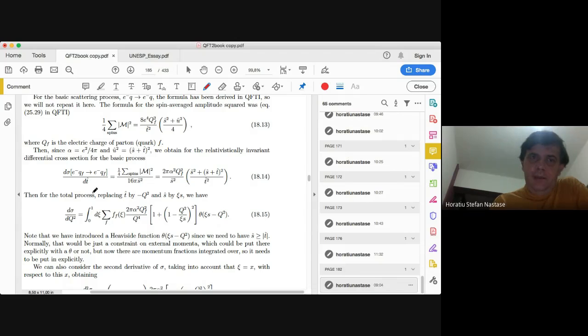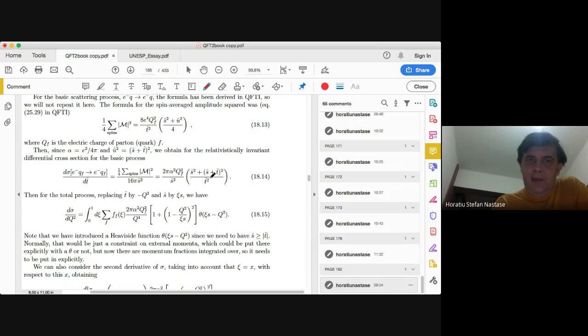So then for the total process, I just replace t hat by what we calculated to be minus capital Q squared, and s hat we've calculated to be psi times s.